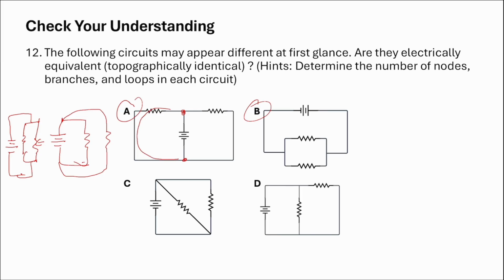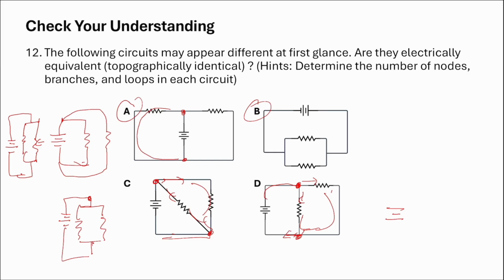If you look at the battery here, the important thing is the load. The current here splits into 2 and then returns. The same here: the current at this node splits into 2, goes through the 2 branches, and then returns.